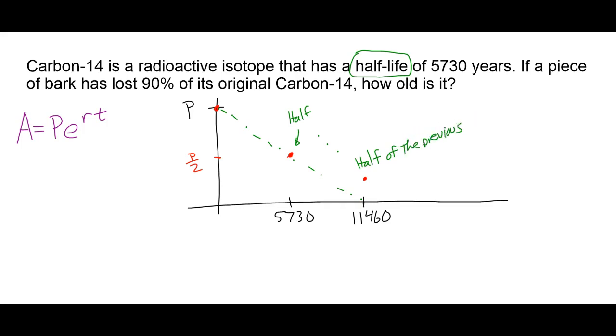And half of a half, you know what that is, that's a quarter. And then in another 5,730 years, let's see, 17,190, is that right? Yeah, 17,190. It'll be half again, so it'll be down at the original amount over 8.